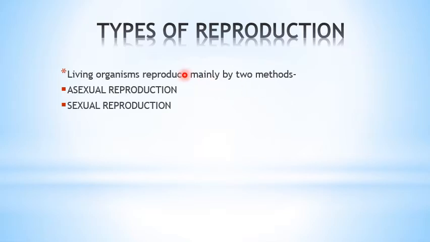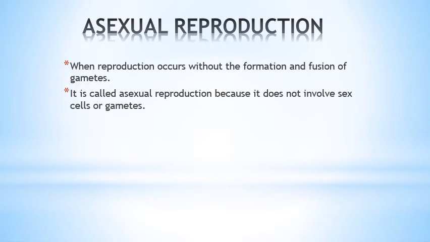Living organisms reproduce mainly by two methods. Number one is asexual reproduction and number two is sexual reproduction. So first we will discuss asexual reproduction.